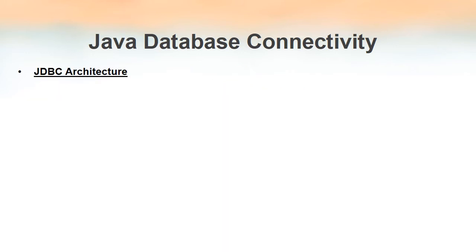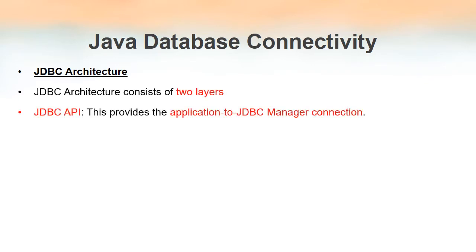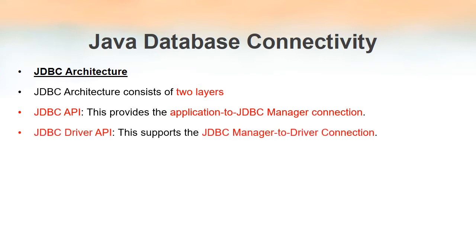The JDBC architecture consists of two layers. They are the JDBC application program interface and the JDBC driver application program interface. Here, the JDBC application program interface is used for connecting our application, that is the program written by ourselves, with a JDBC manager. Now, what is the purpose of this JDBC manager?